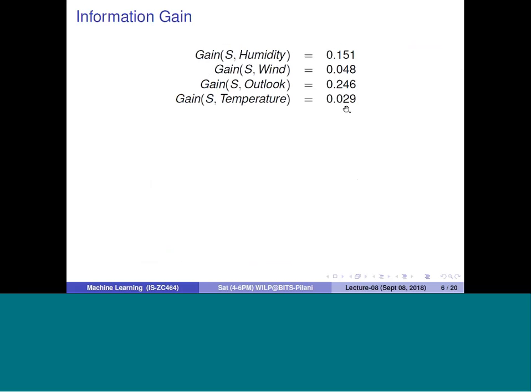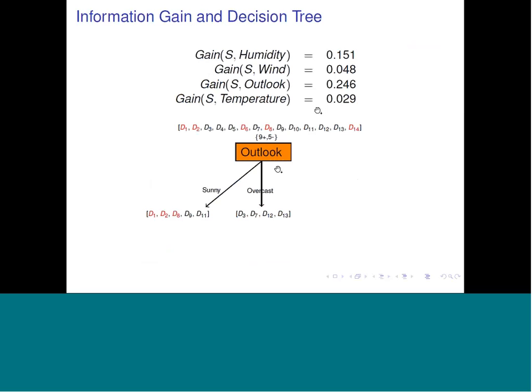And since we have 4 different attributes, humidity, wind, outlook, and temperature, for each of them you find out the information gain. You have seen that the highest information gain is across the outlook, and therefore you put the outlook at the root, and then you divide the database, and now you have to apply the same thing over here also.